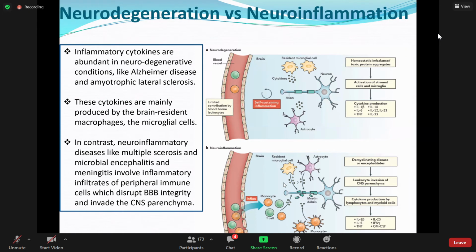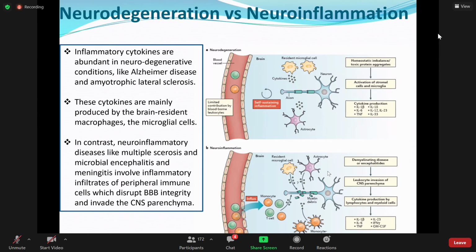Regarding the immune mediators involved in neurodegenerative diseases, as in the case of chronic diseases like Alzheimer's disease and amyloid, both seem to be mediated also by inflammatory cytokines produced by microglial cells to remove or destroy misfolded proteins, as in the case of Alzheimer's disease.